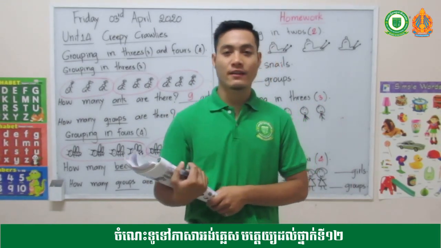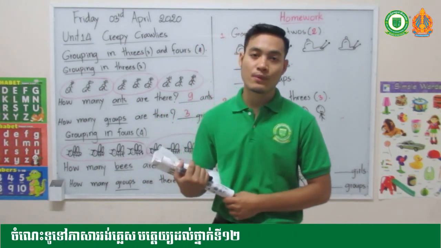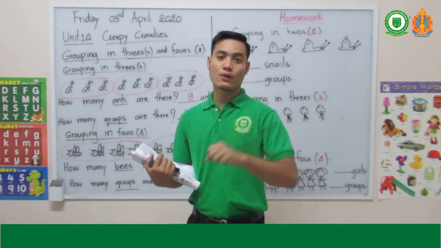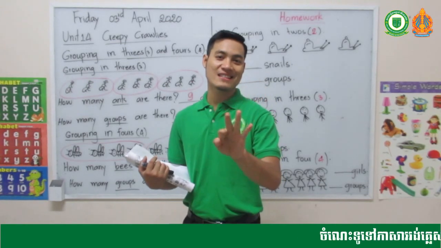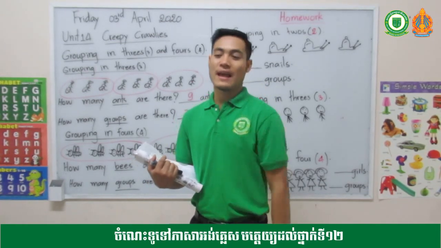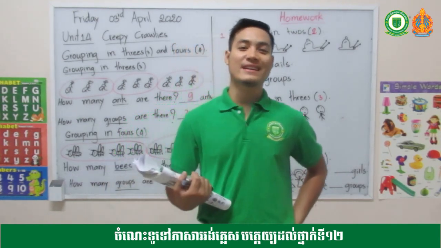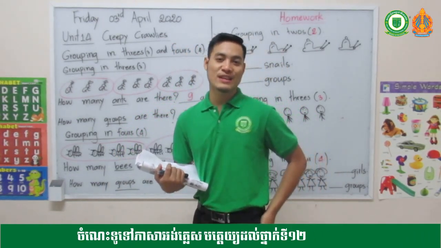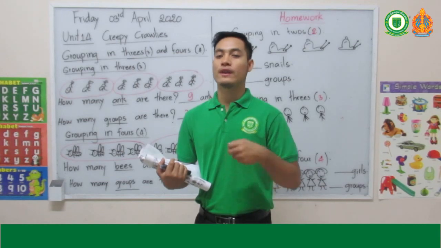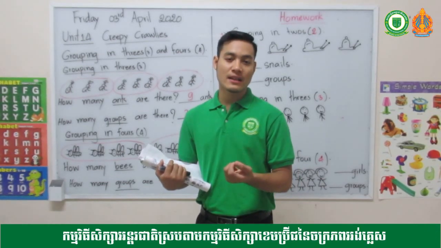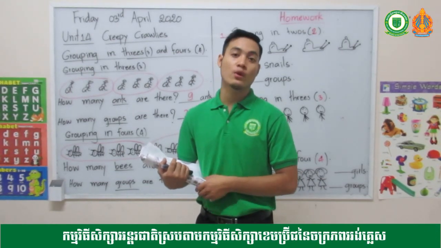And we also learned how to group, like grouping in twos, threes, and fours. The definition of the word grouping is the action of putting people or things in a group or in groups.